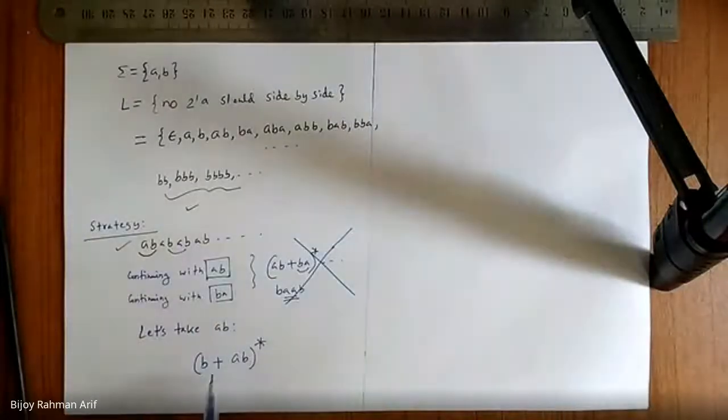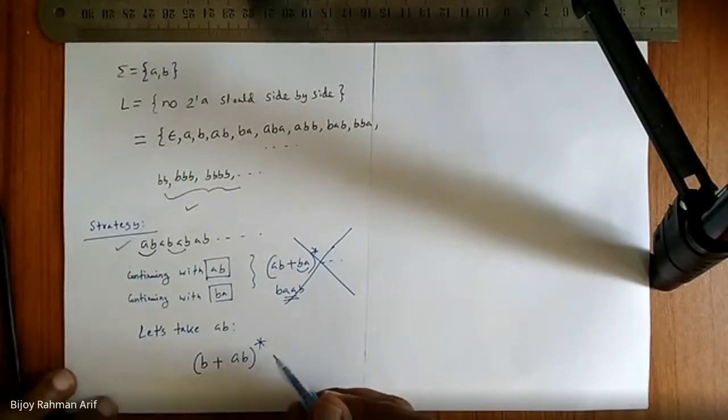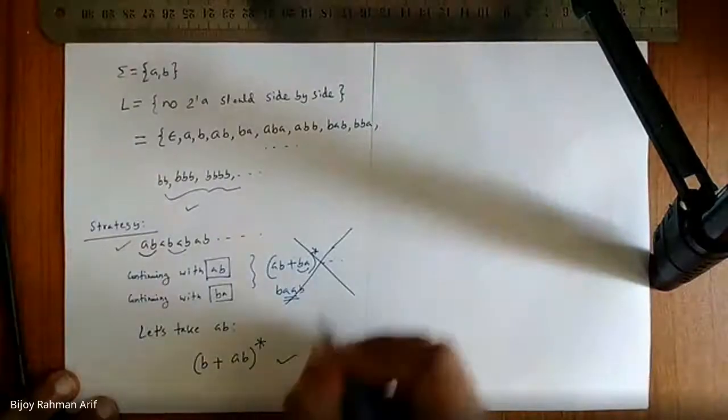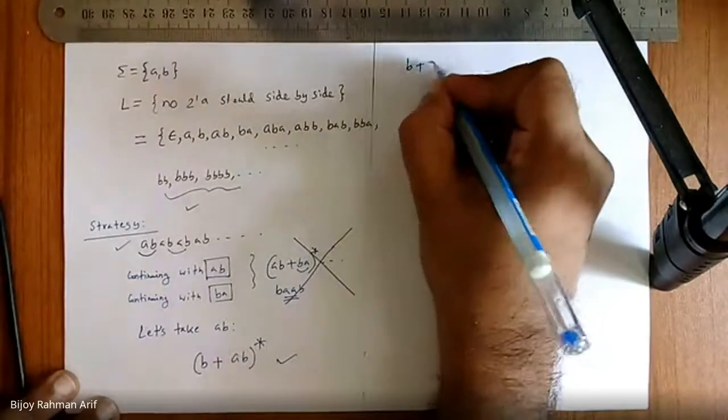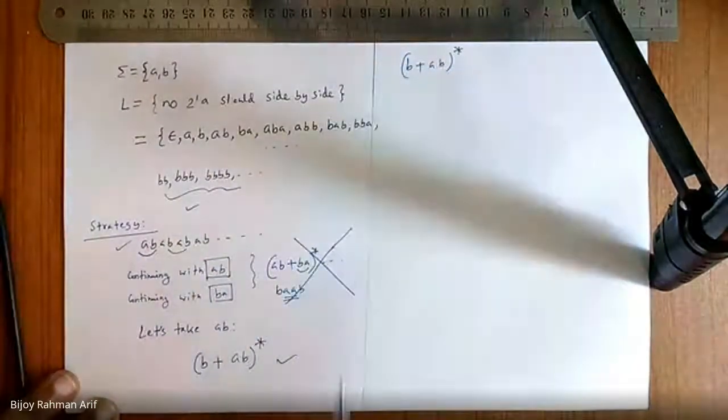Now, we are pretty sure that if we take this one, never ever can two A's be side by side. Do you agree with me or not? So what are the strings generated by this, B star AB star?